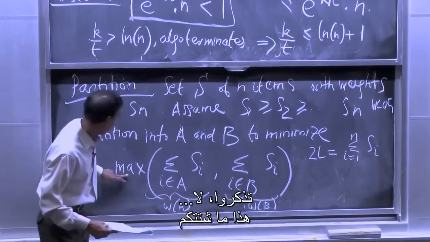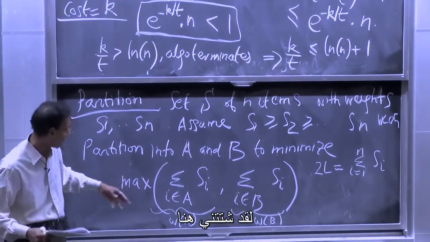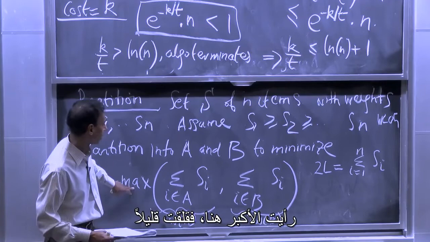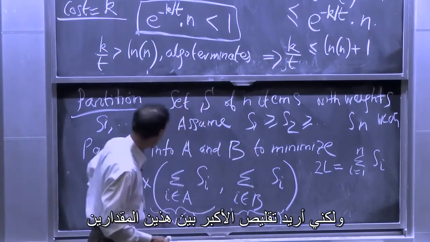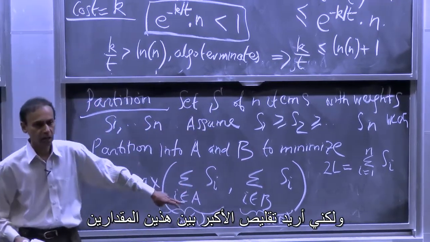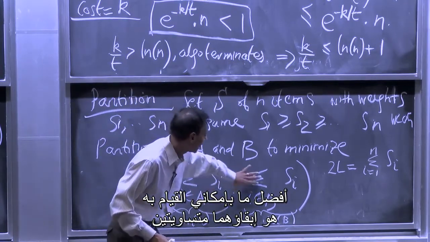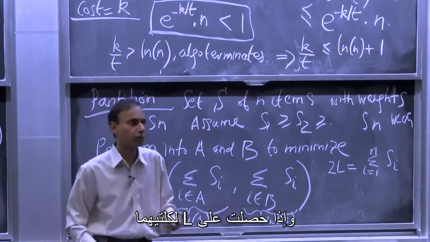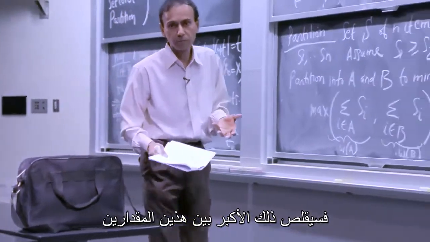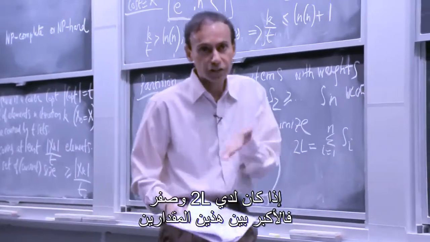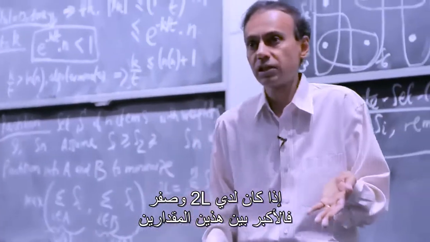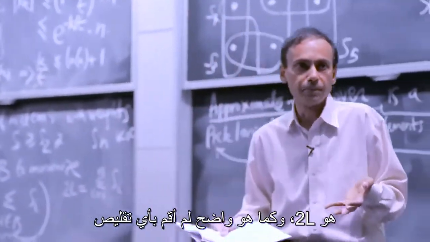Remember, maybe that's what threw you off. It threw me off right here. I see a max here, and I got a little worried. But I want to minimize the maximum of these two quantities, okay? And so the best I could do is to keep them equal. And if I get L for both of them, that would minimize the maximum of those two quantities. If I had 2L and 0, then the maximum of those two quantities is 2L. And obviously, I haven't done any minimization.